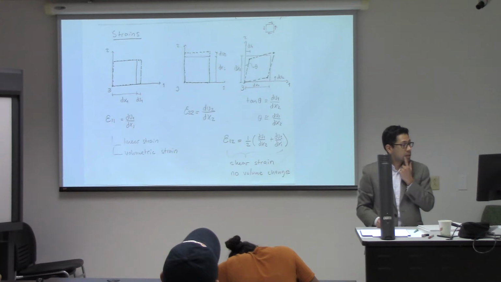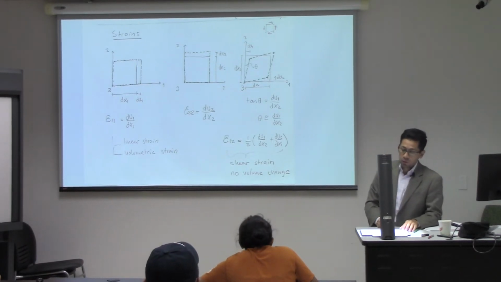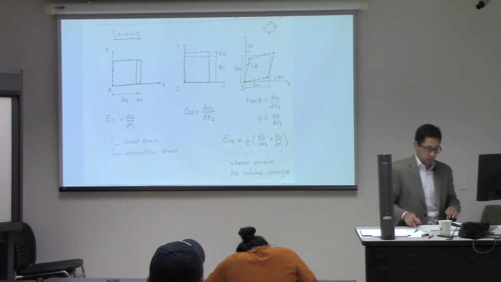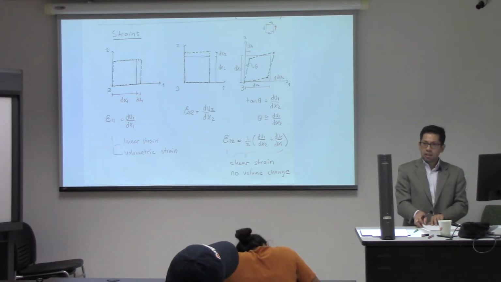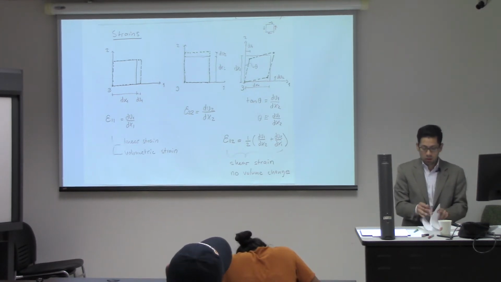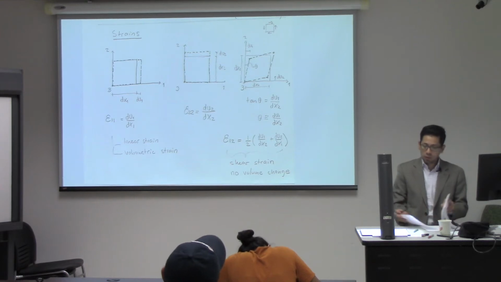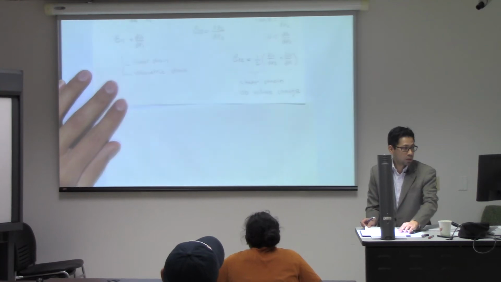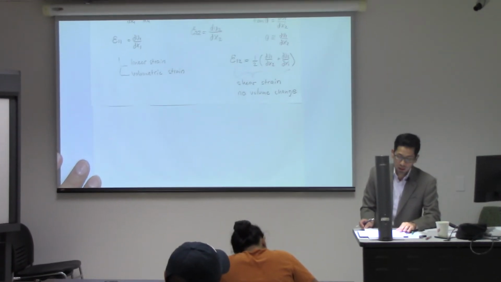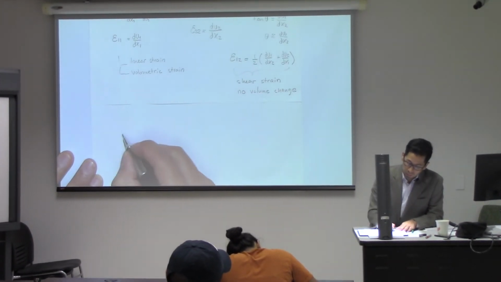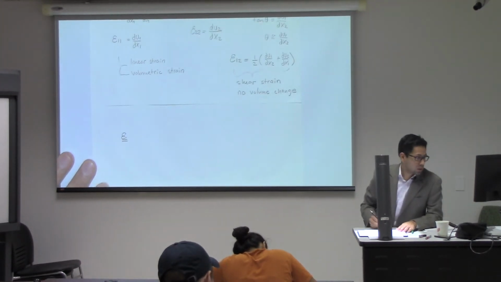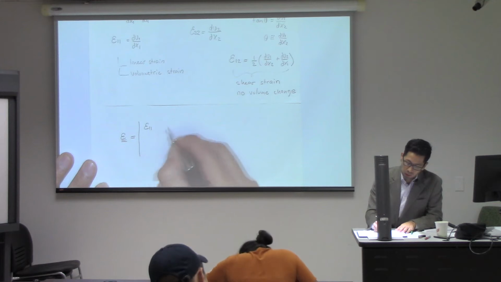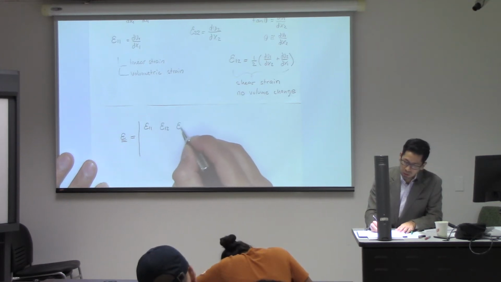And similarly to the stress tensor, I can also write a strain tensor, and it's going to be very similar to the stress tensor, but populated with strains instead of stresses. So the strain tensor epsilon is going to be equal to epsilon 1, epsilon 1, epsilon 1.